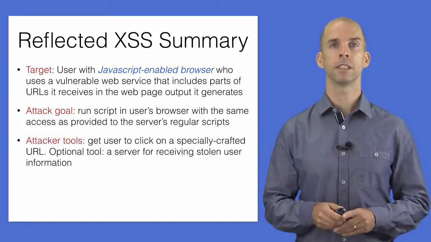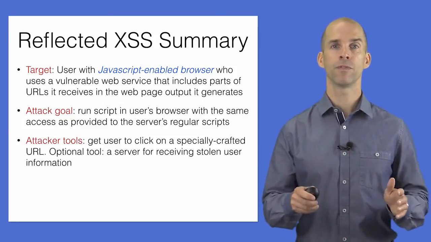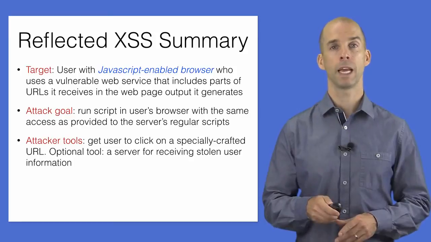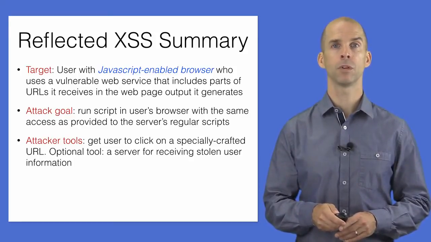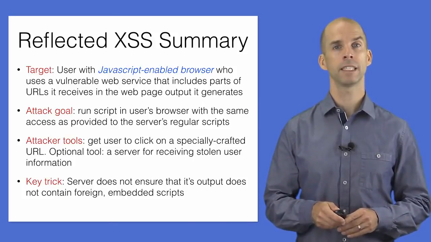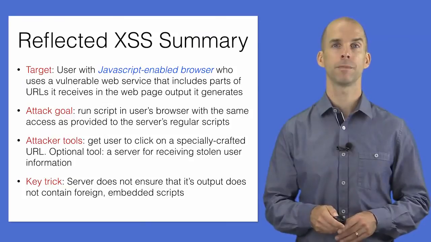The attacker does this by getting a user to click on a URL that contains JavaScript code. This code is then reflected in the server's response to the browser. And so the browser runs the script as if it were from the origin server. The key here is that the origin server reflects the attacker script unchanged.